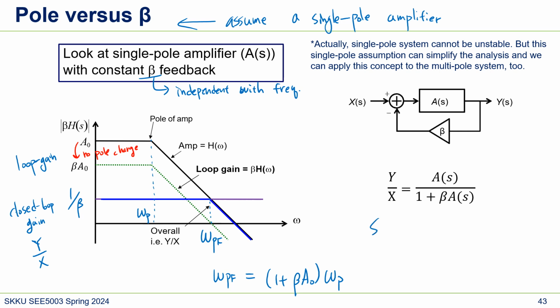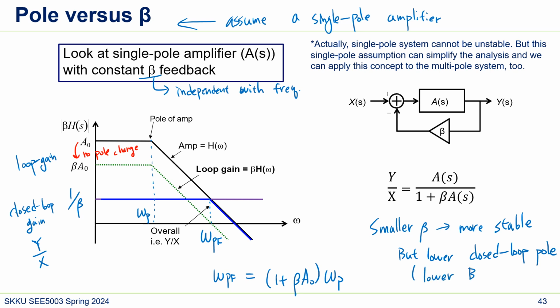So here, there's also a trade-off. That means that smaller beta is more stable, right? In the previous slide, we talked about this. But a lower closed loop pole means lower bandwidth.